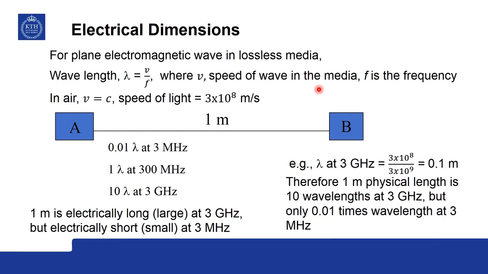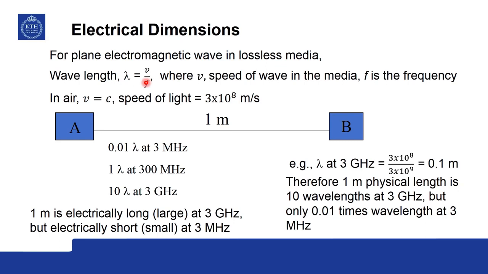In air, v is the speed of light, 3 into 10 to the power of 8 meters per second. Frequency is number of cycles per second. So, you can see that wavelength is given in meters.